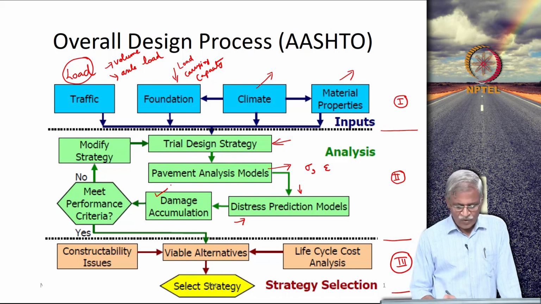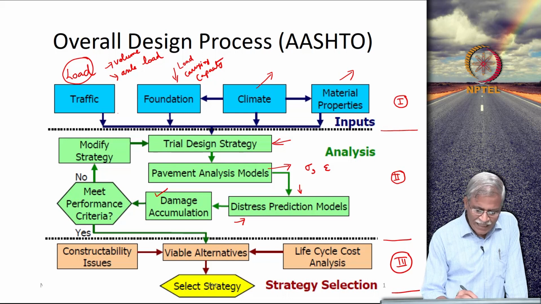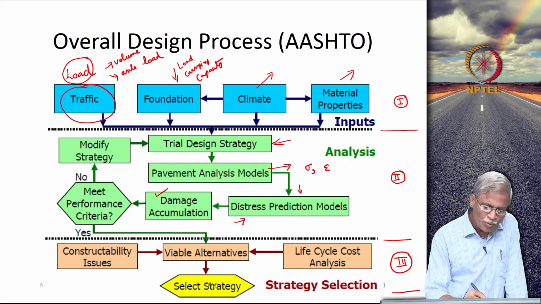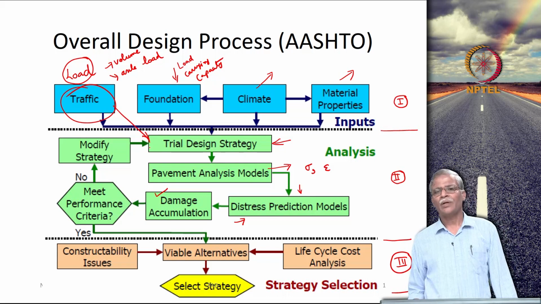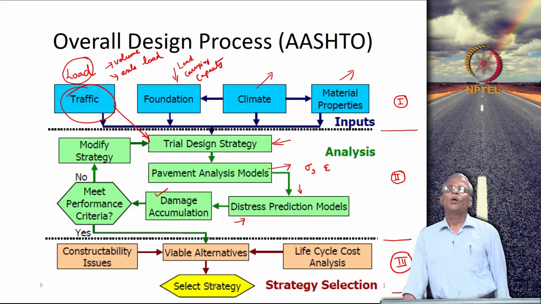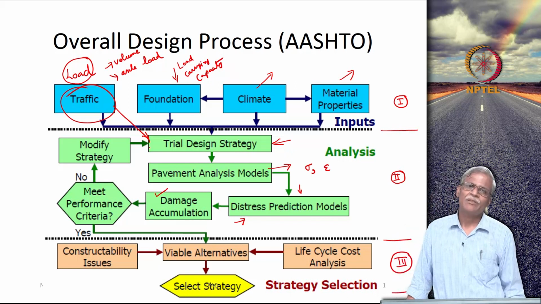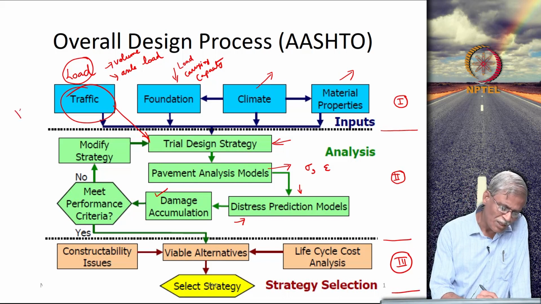When you do the damage accumulation, you are basically checking against the estimates that you made in your traffic with the trial design that you have taken. Let us assume, without using the load equivalency factor since it has not yet been introduced, that I am designing a road for 1000 trucks, just as a simple example.